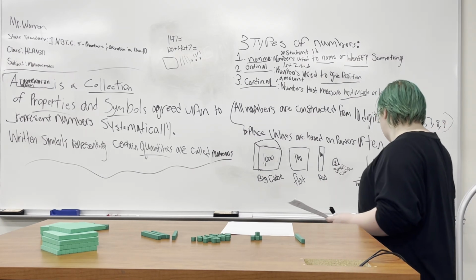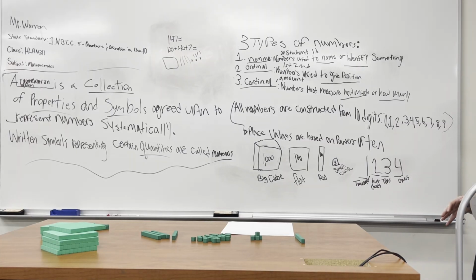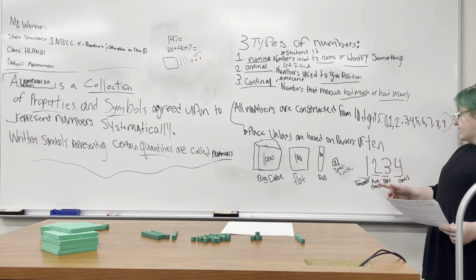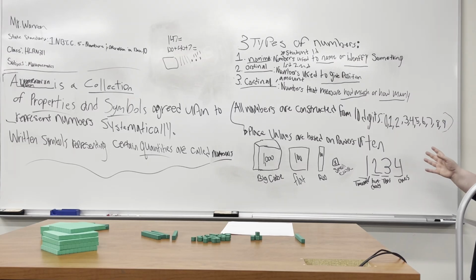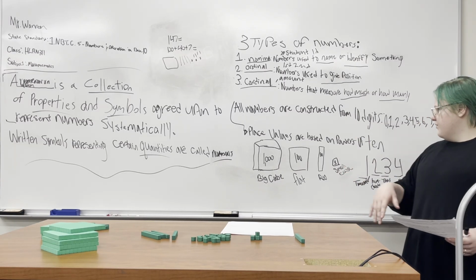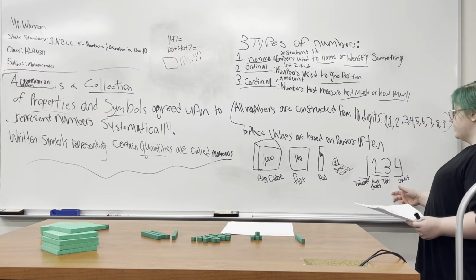So, for example, right here, I have the number 1,234. And we have our ones place, our tens place, our hundreds place, and our thousands place. Of course, it goes higher, but since we've only got 4 representatives, that's how we're going to do it today. All right, so we went over that.